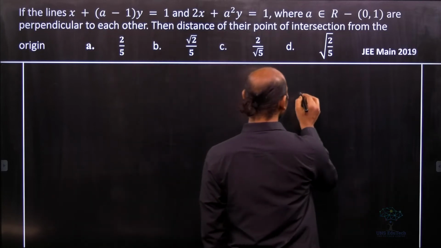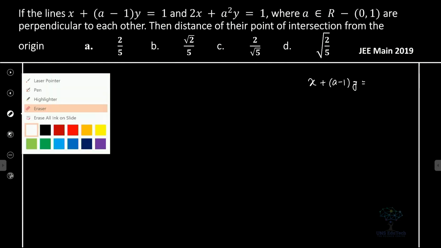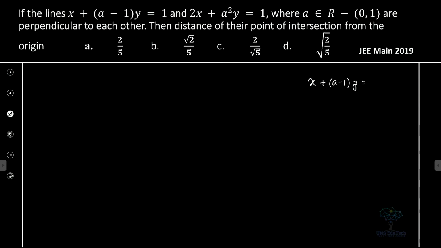The first equation is x plus (a minus 1) y equal to 0... So what is the easiest way to find the slope? Rewrite it in the form y equal to mx plus c. So let's write that down.